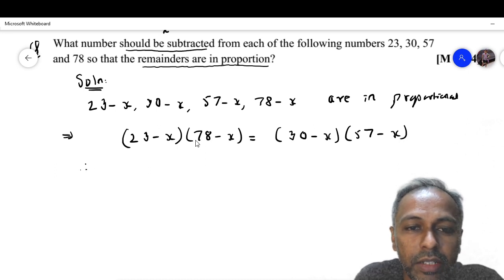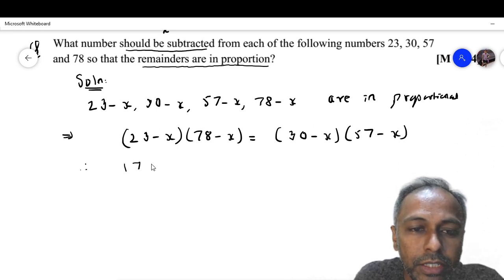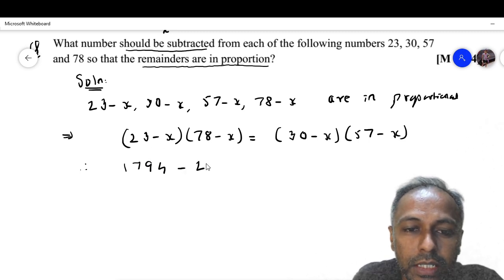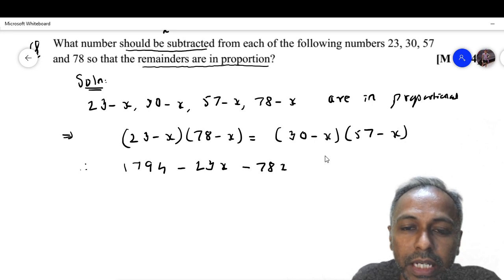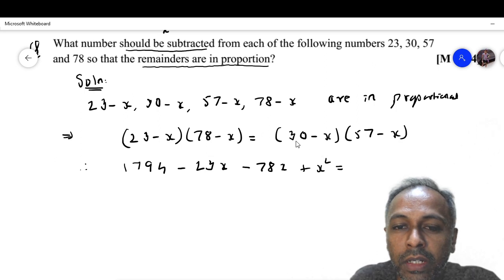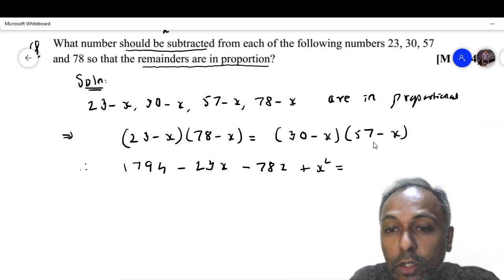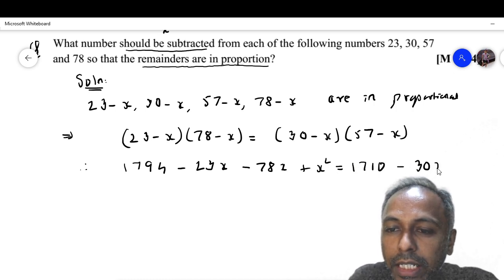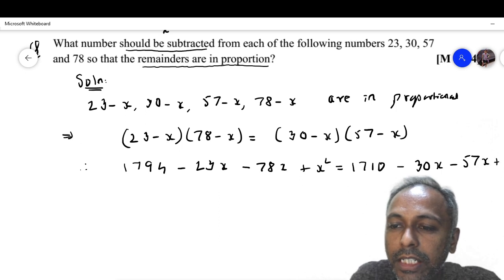Let us multiply 23 into 78, which is 1794, minus 23 into x, minus 23x, minus x into 78 is minus 78x, plus x square, is equal to 30 into 57, which should be 1710, minus 30x minus 57x plus x square.